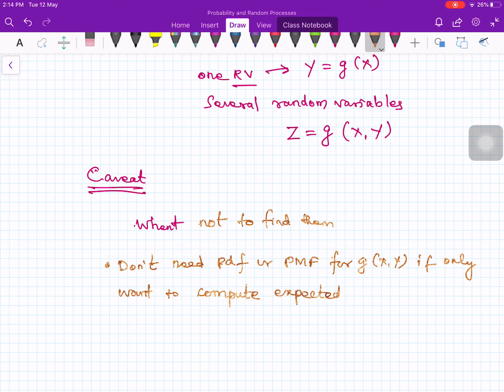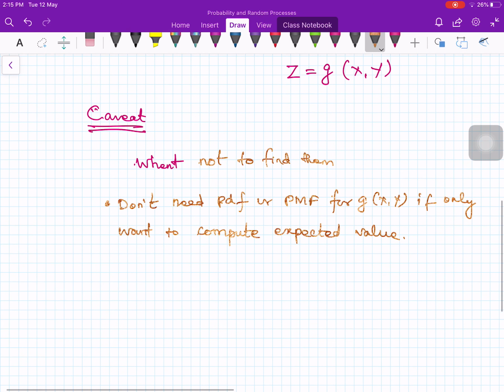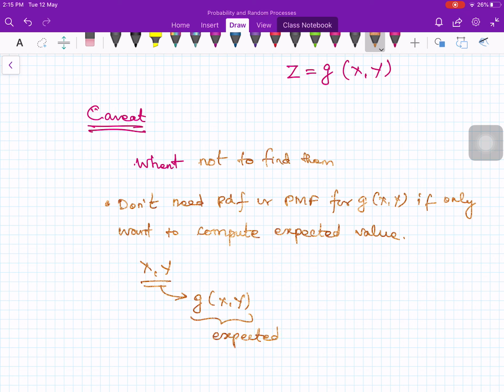So when you want to calculate the expected value of a function of a given random variable, then there is no need to find the distribution. Directly you can calculate the expected value as follows. X and Y are given. From this you get the function of those two random variables and for this you want to find the expected value. How do you find the expected value?